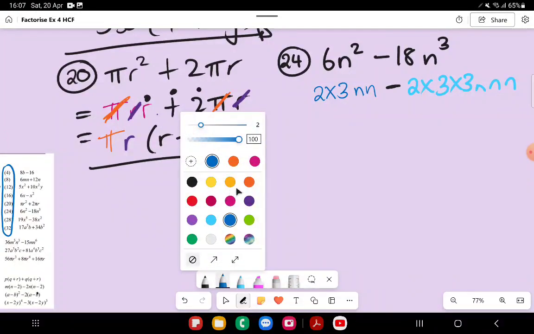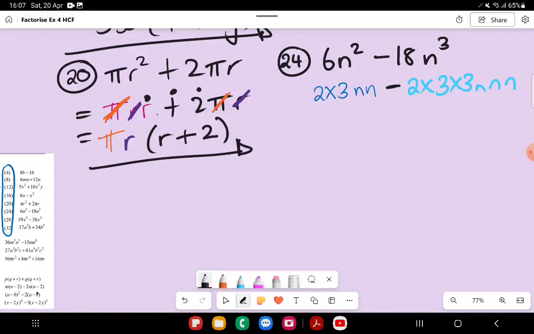So now we're going to take out our highest common factor. So we are left with, take out 2, good. Now we take out 3, take out 3, happy with that. Take out this n and that n, happy with that. And take out this n and that n, happy with that.